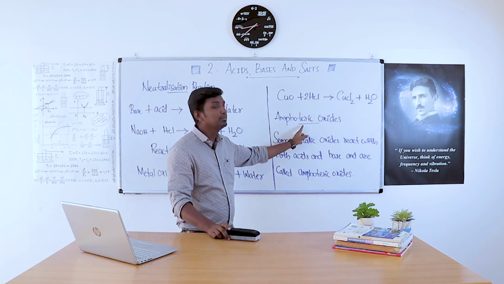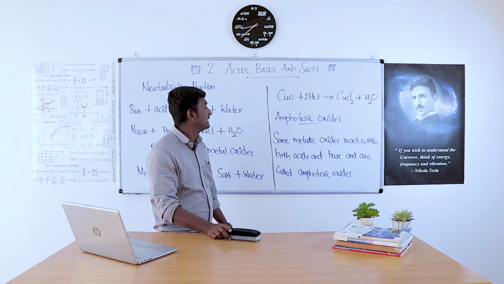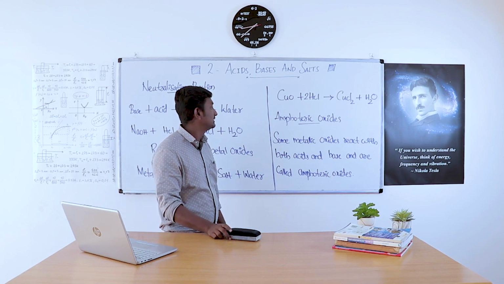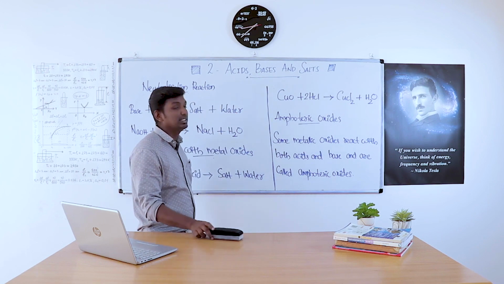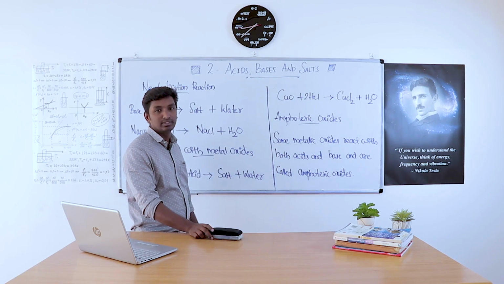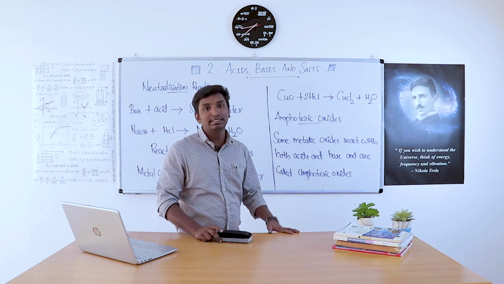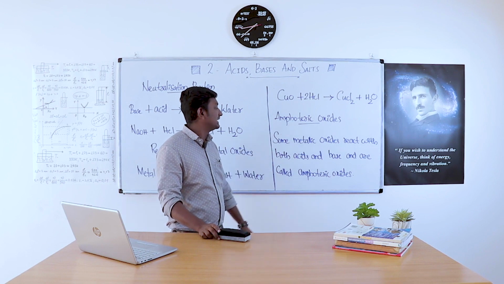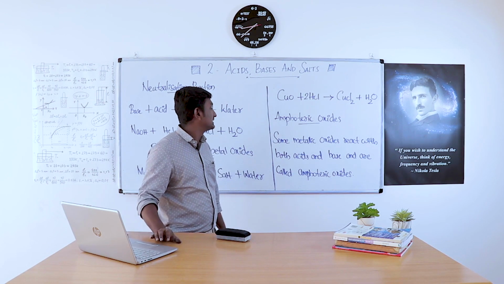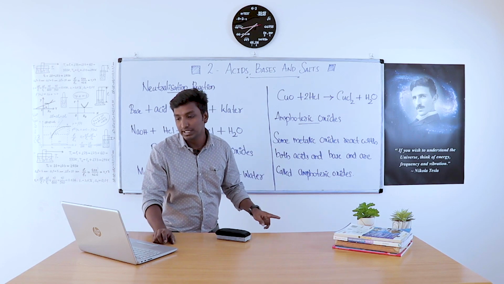Now a new term we are going to study, that is amphoteric oxides. Some metallic oxides react with acids only. Some metallic oxides react with bases only. If metallic oxides react with both acid and base, then they are known as amphoteric oxides.